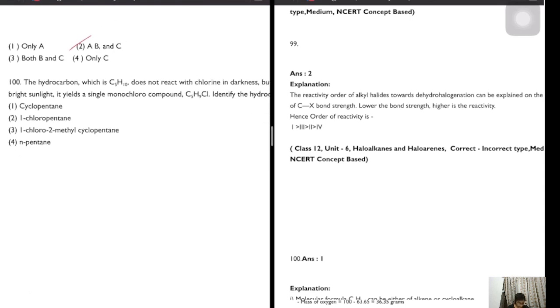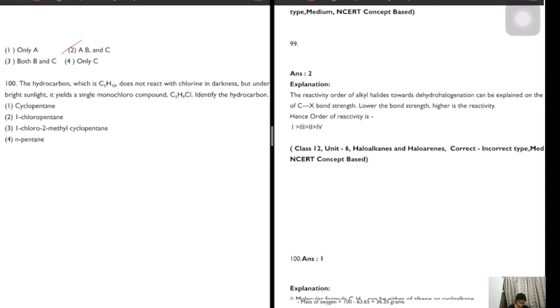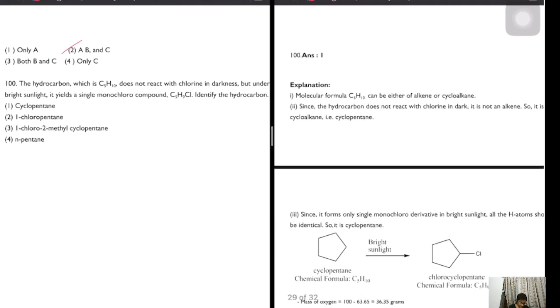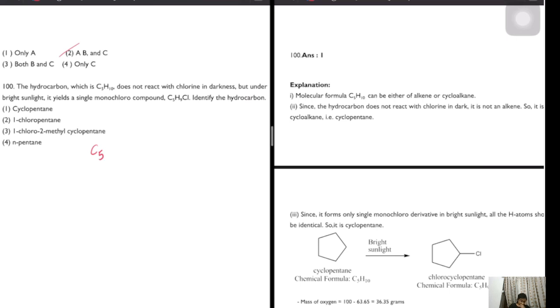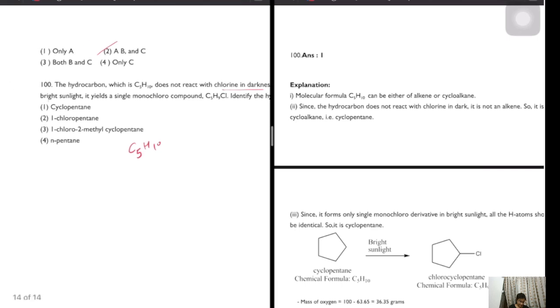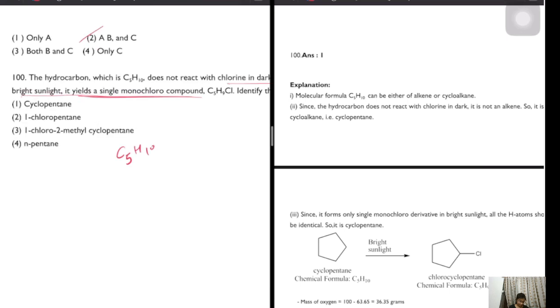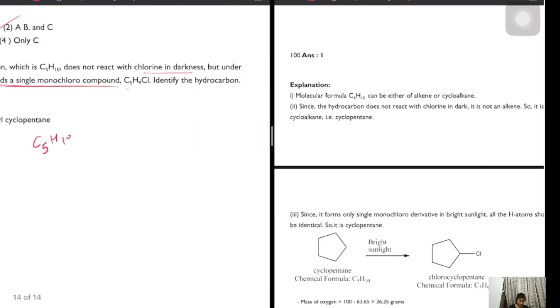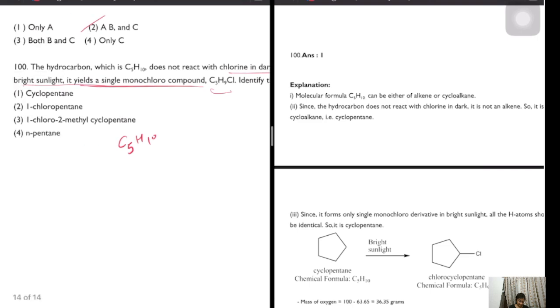The last question of the day. We have the hydrocarbon C5H10, which does not react with chlorine in darkness, but under bright sunlight it yields one single monochloro product, that is C5H9Cl. Identify the hydrocarbon.